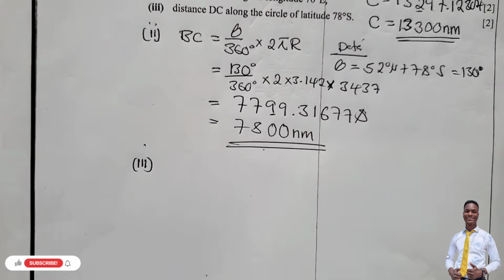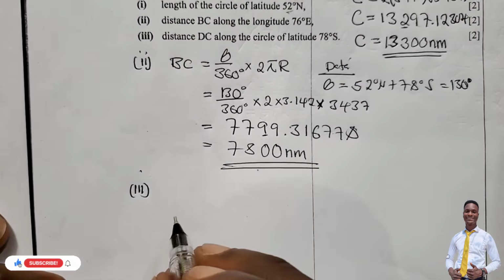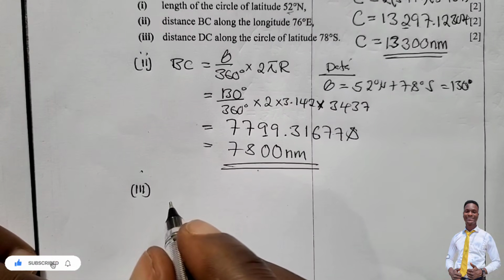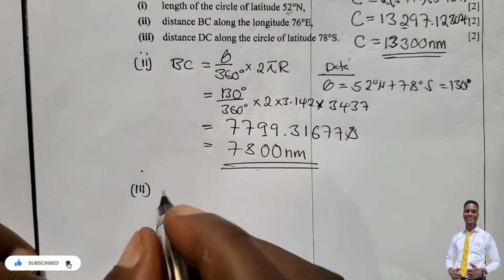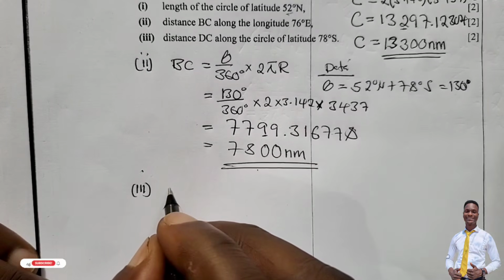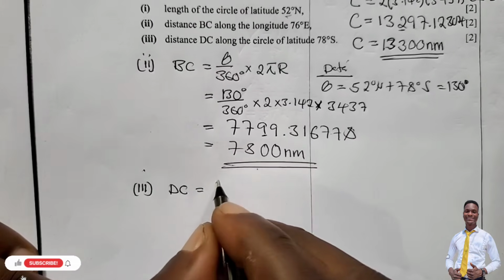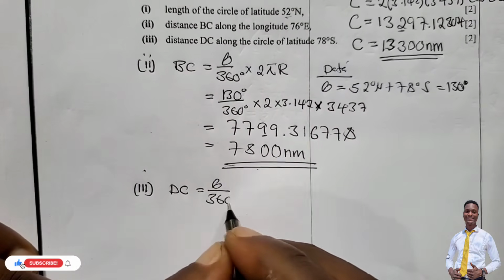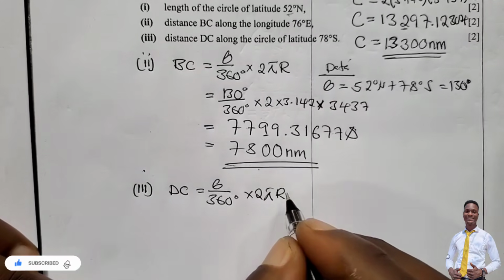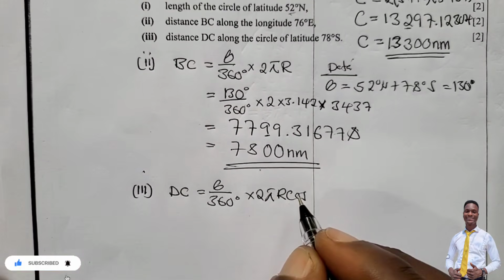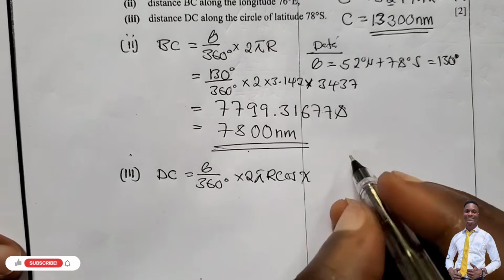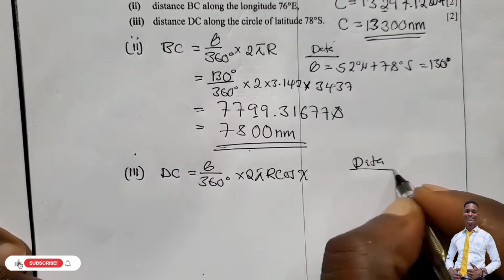The formula is different from calculating distance along the line of longitude. Here, DC equals theta over 360 degrees times 2 pi r, and we just add cos x.